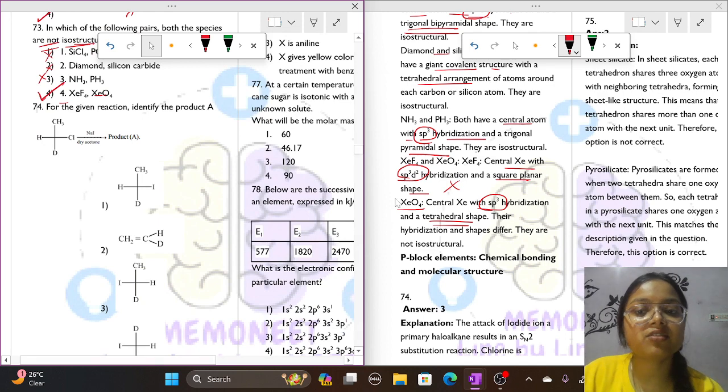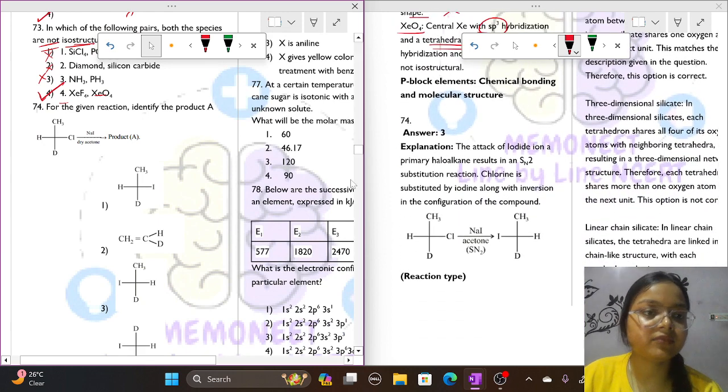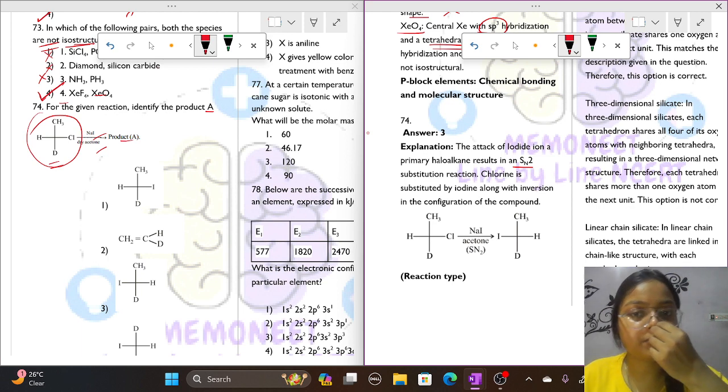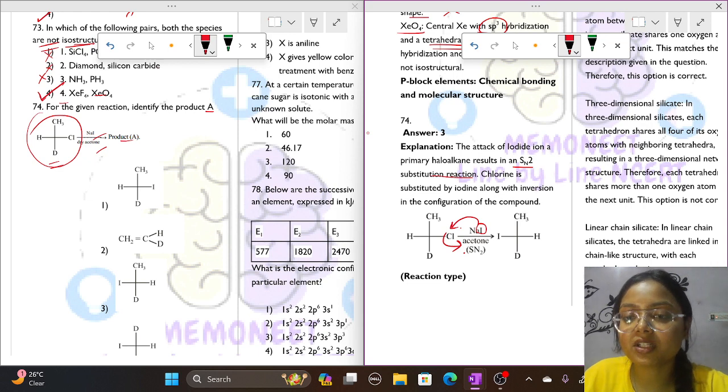Yeah. So next is question number 74. For the given reaction, identify the product A. This is the molecule, and on reaction with NaI and dry acetone, it will give an SN2 substitution reaction. Here iodine reacts with this and the chlorine gets substituted with iodine.